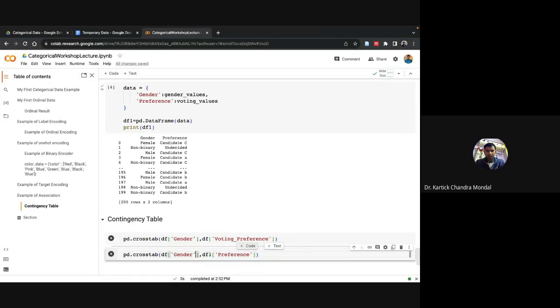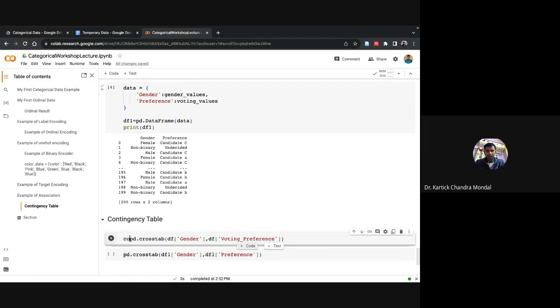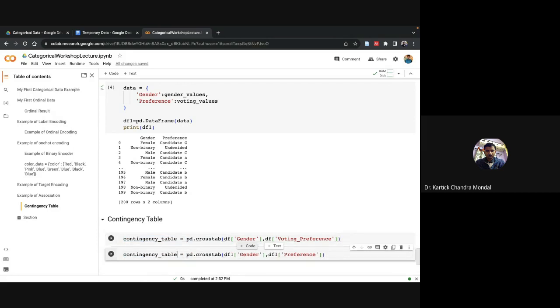Data frame 1, data frame 1. Okay, so we will store this in a contingency table, and we will also store this in contingency table 1.